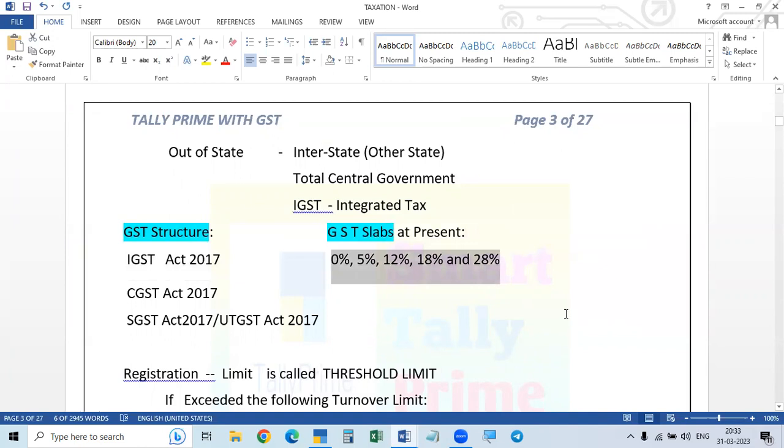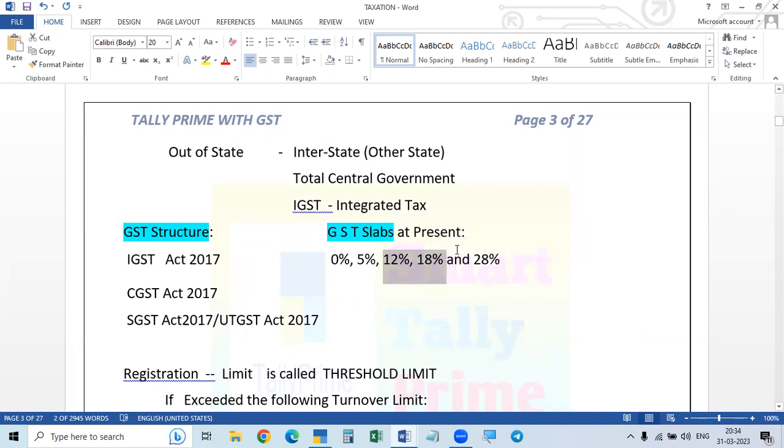And how the government decided this: most needed, most essential commodities will be 0%. Generally needed, not very essential, used by all the people, are taken as 5%. Less essential, not very essential, then 12 or 18% will be charged.